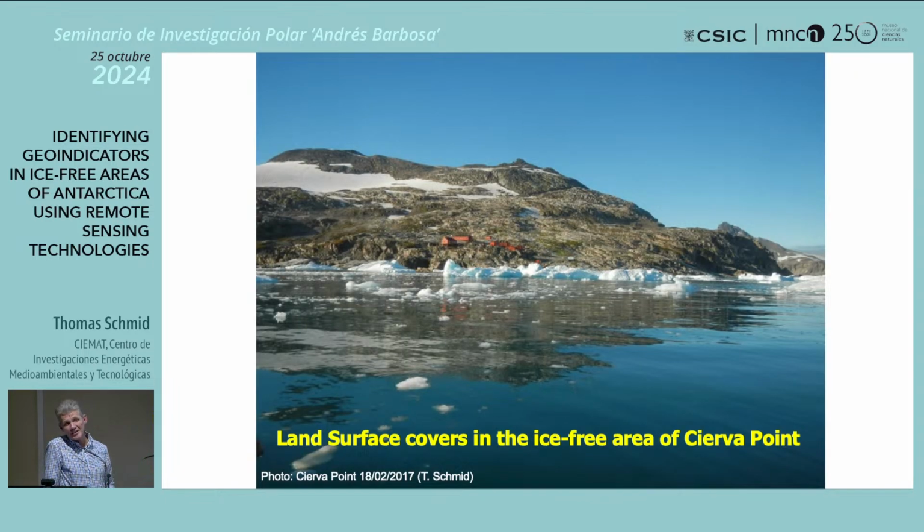Now I put the title of this picture consciously at the bottom because we're looking at an ice-free area, Cierva Point, which is now on the coast of the northern peninsula, Antarctic Peninsula area. But what I want to show is this sky.